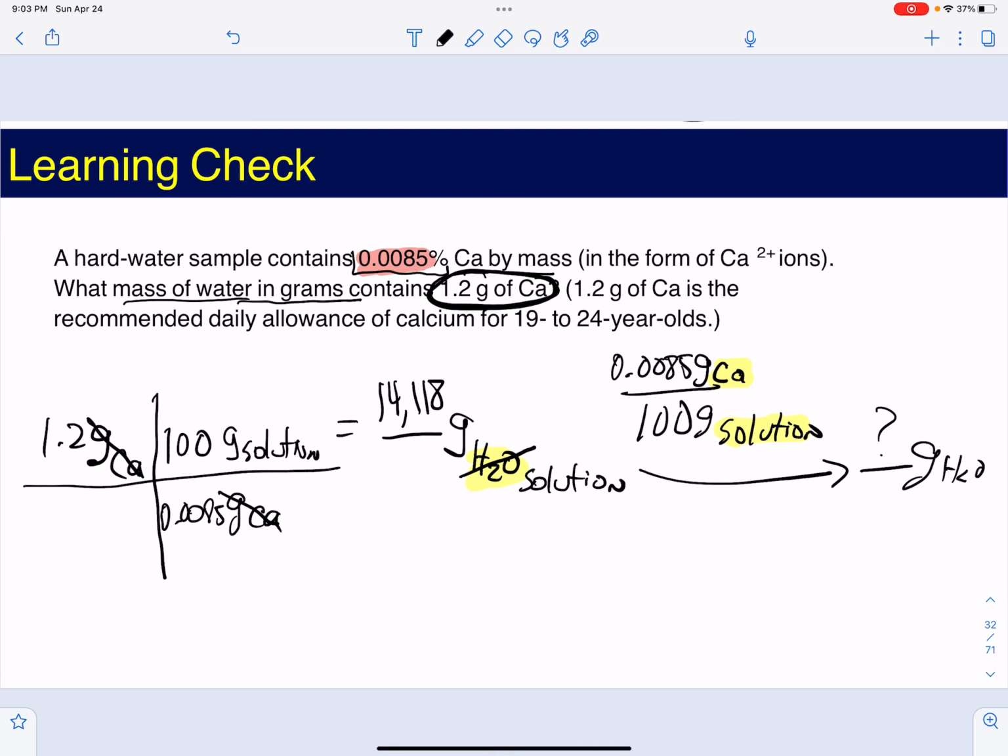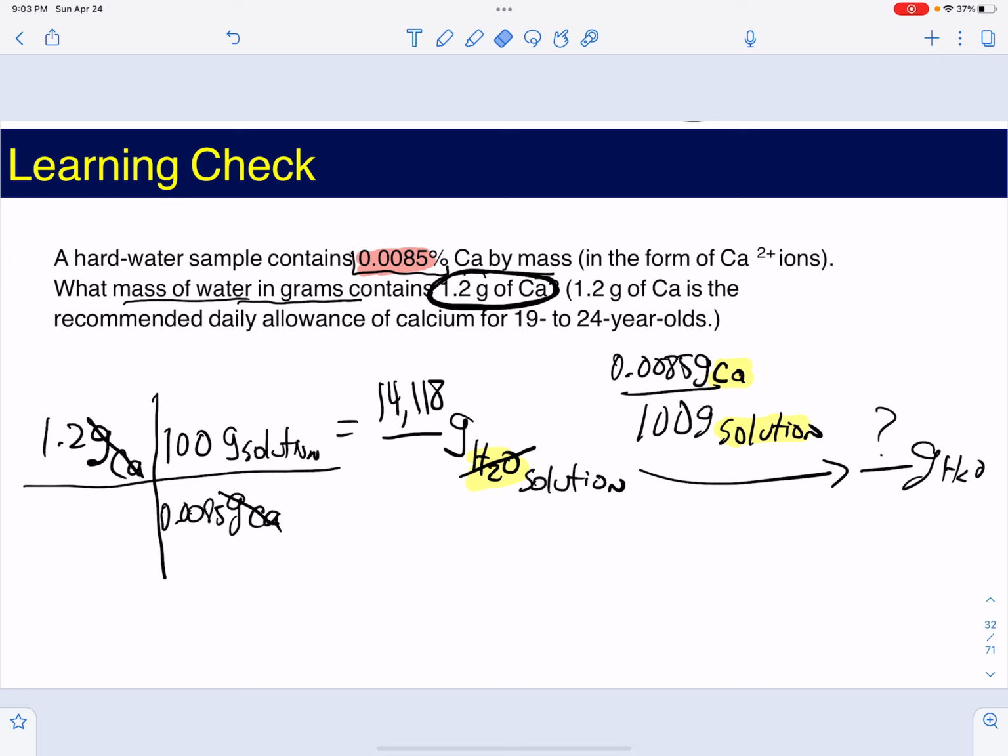So that's close to 14 liters of a solution, which makes sense if you have such a small percentage, 0.0085. So what does this tell me? Well, my total solution is 14,118 grams, right? But I know that solution contains 1.2 grams of the solute.